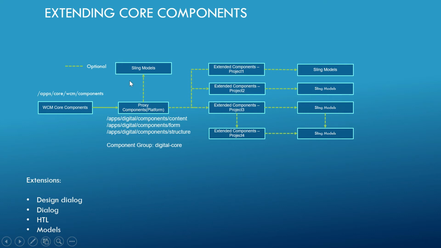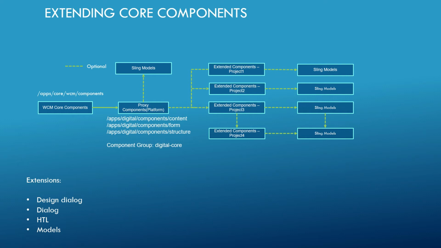Another is the Sling model. We were already discussing that. So with the Sling model, you can also extend it, so that you can provide custom functionalities. Again, with the Sling model, one project can extend from another project, or it can extend from the core model, based on our use cases. The extension we can do at multiple levels, so multiple scenarios.